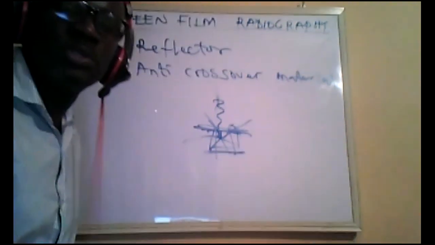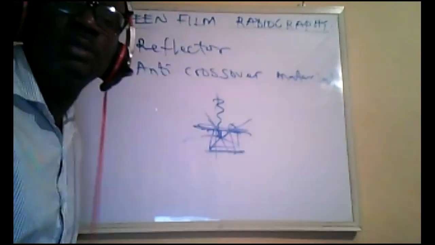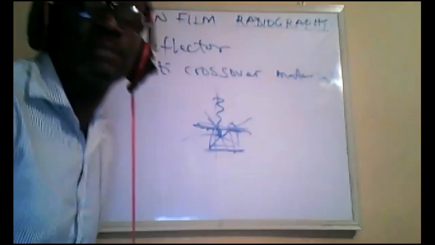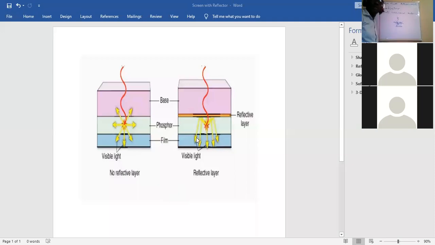Let me quickly show us the screen with reflector. You can see the image we have here. We have an X-ray photon hitting a particular screen here. We now have the light scattered in all positions, isotropically in all directions.